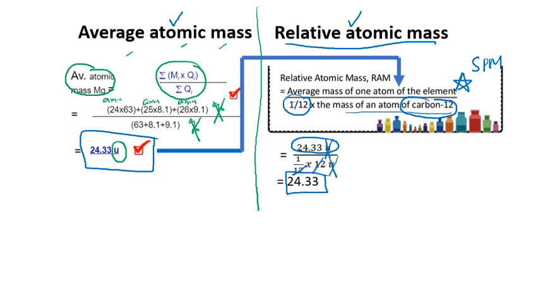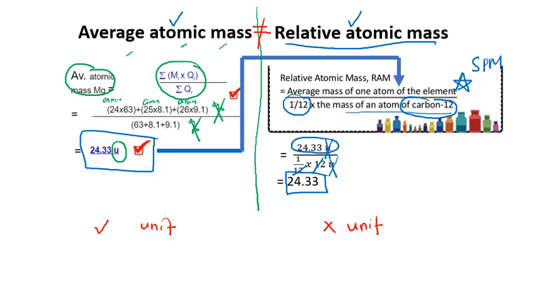24.33. So basically, these two, average atomic mass and relative atomic mass, are different. Average atomic mass has the unit, while relative atomic mass has no unit.